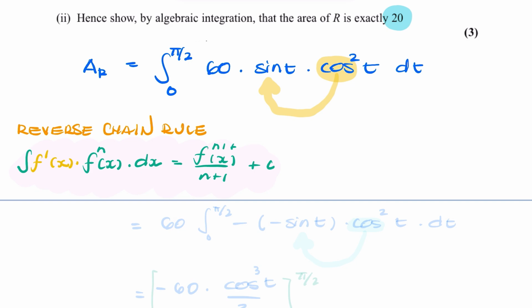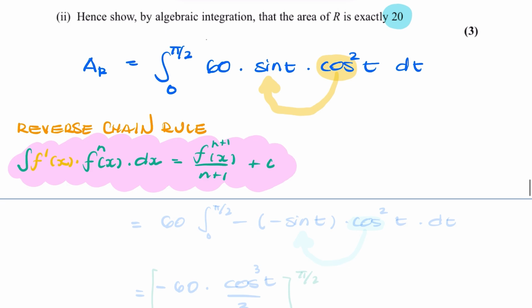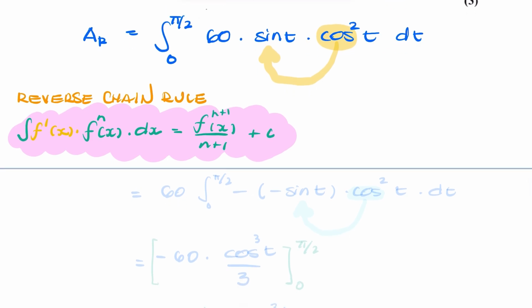So this is the well-known form for the chain rule. We can achieve the same result if we were to use substitution. So you could use substitution and say u equals cosine t, and that would be du by dt. But I'm going to use the reverse chain rule because it just works so beautifully for this question.